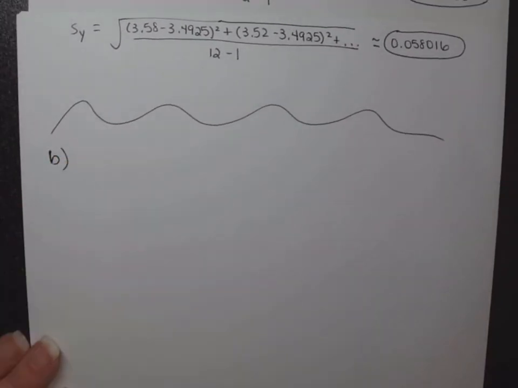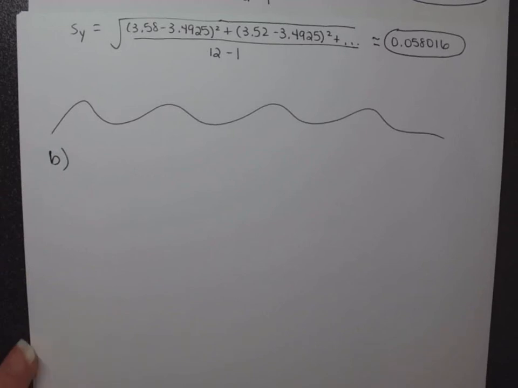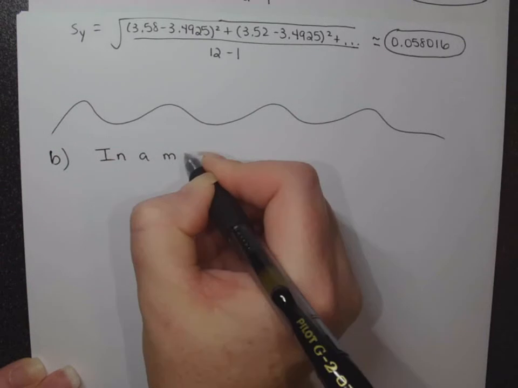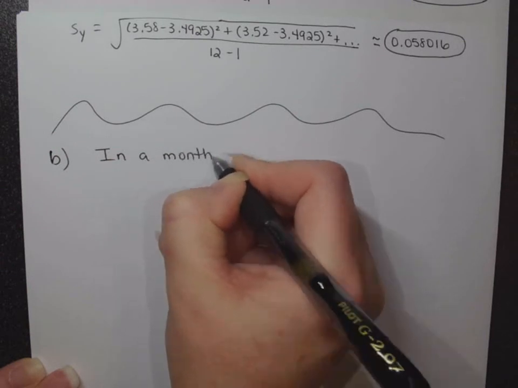Now that we know that the correlation coefficient after we paused the video was 0.85, I want to ask you a couple of questions and see if you can answer.